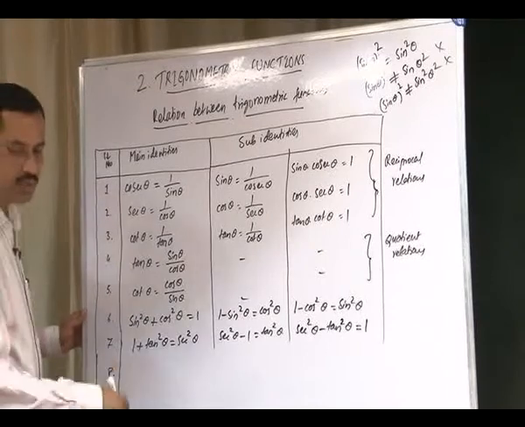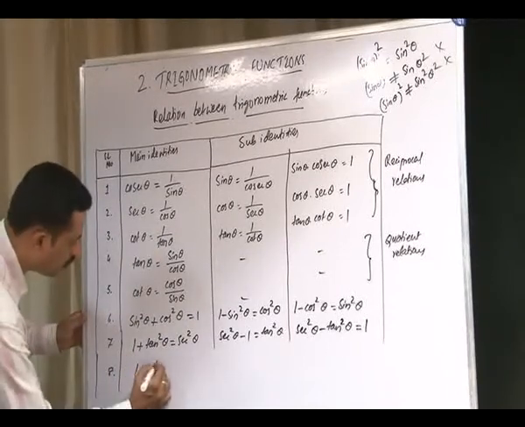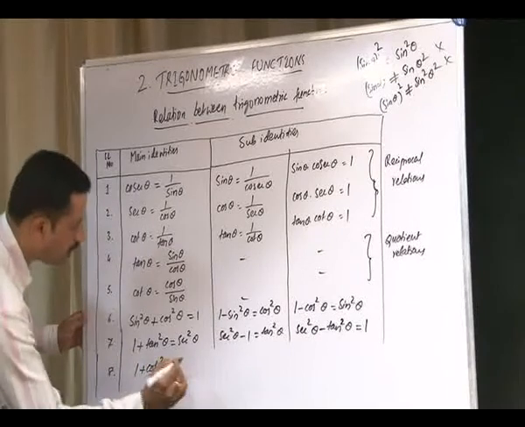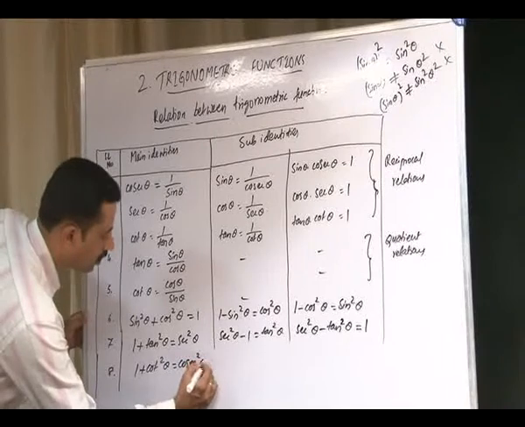That is 1 plus cot square theta is equal to cosecant square theta.